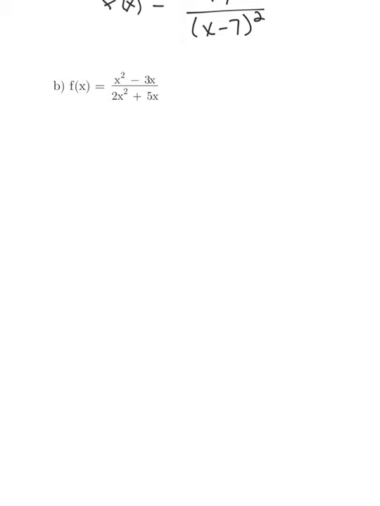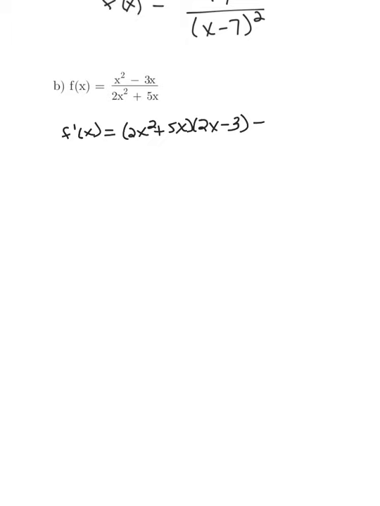On example B, our function that we are given is x squared minus 3x over 2x squared plus 5x. Putting our quotient rule into practice, we start with the denominator exactly as it's given to us, 2x squared plus 5x. Take that times the derivative of the numerator, which will be 2x minus 3.